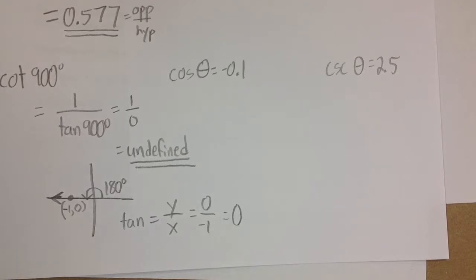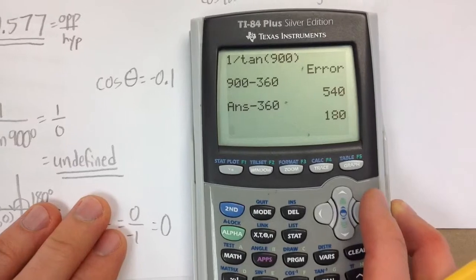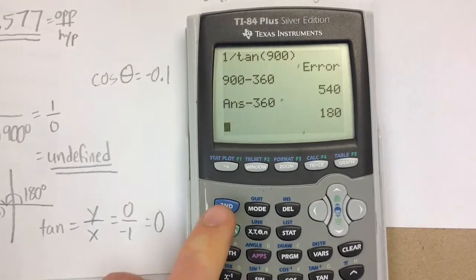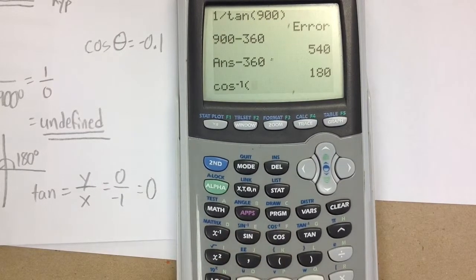We want to know, when is cosine -0.1? Random person. Sue, what should I type into the calculator to figure this out? Very good. Inverse cosine. And what button do I have to press? Very good. Second cosine of -0.1. You're undoing cosine. That's what it's doing. Enter.